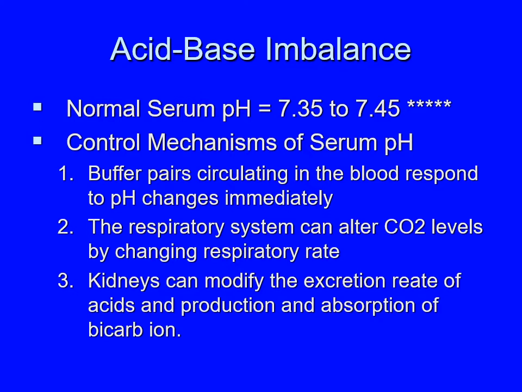If you speed up the respiratory rate, you're going to lose CO2 and increase the pH. If respiratory rate slows down or you have respiratory impairment, then CO2 levels will increase, and that's going to drop the pH and cause acidosis. Kidneys can modify the excretion rate of acids and production and absorption of bicarb ions.